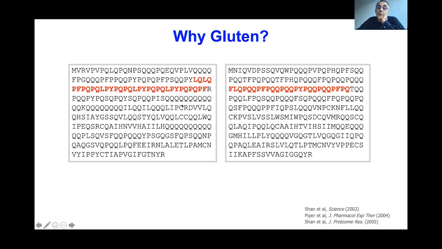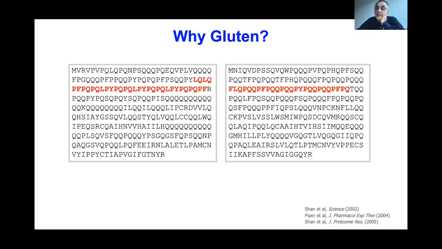And what you're seeing in red in each of these two sequences are stretches of about 25 to 35 residues that are virtually untouchable by any gastrointestinal protease in mammals.